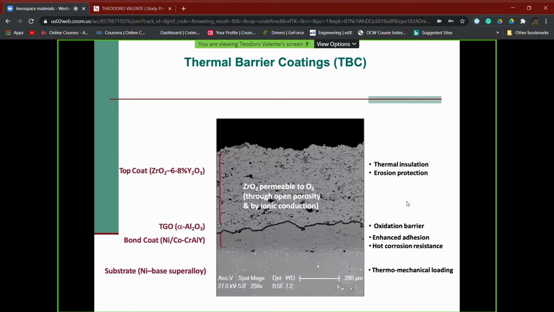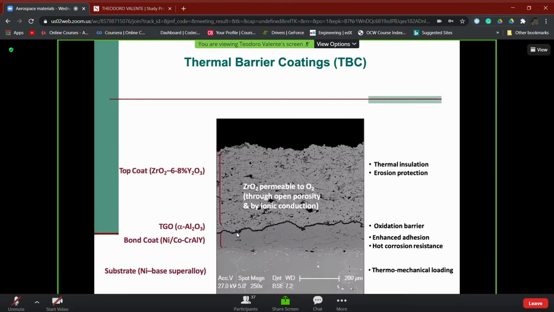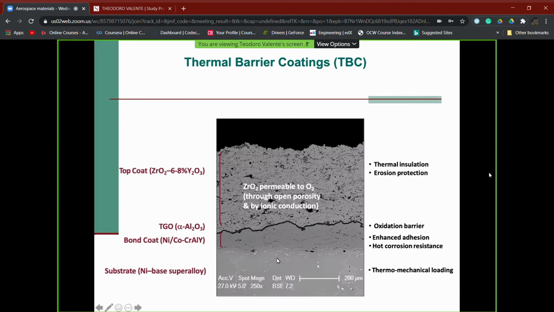Another thing that we must remember, other two things. First of all, to be sure that no gas, apart from the formation of a compact and dense oxide on the surface of the bond coat, could flow through the bond coat and attack the metallic substrate, we should keep the porosity of the bond coat at a very, very low value.